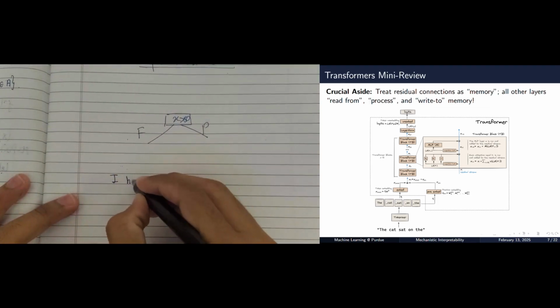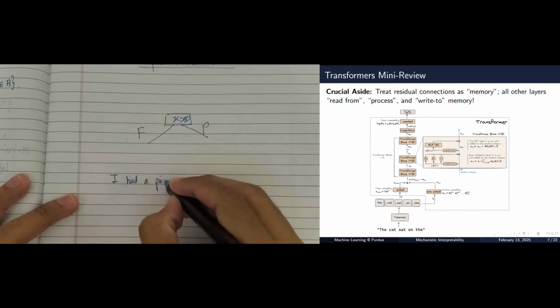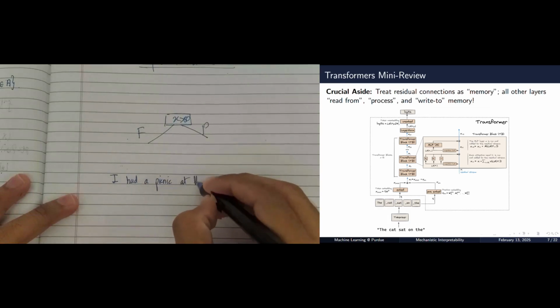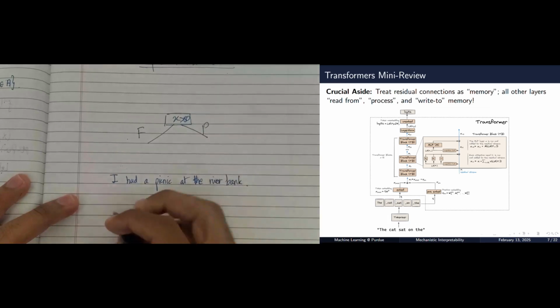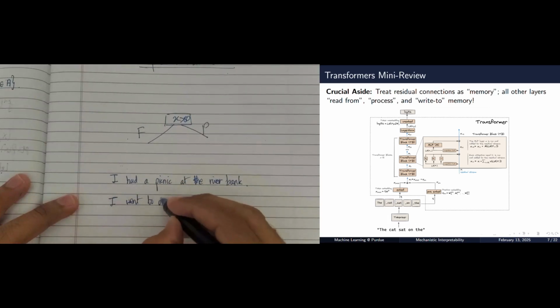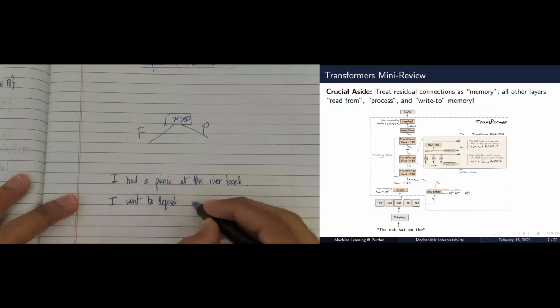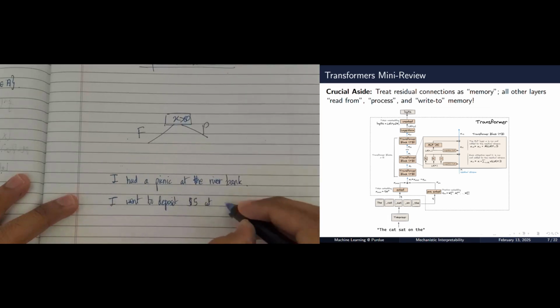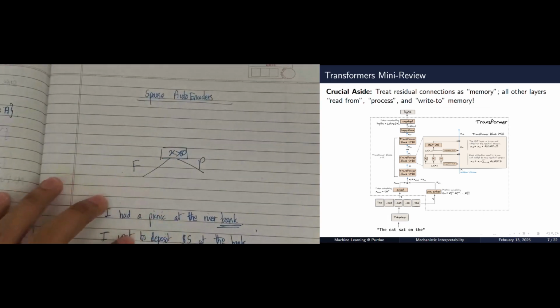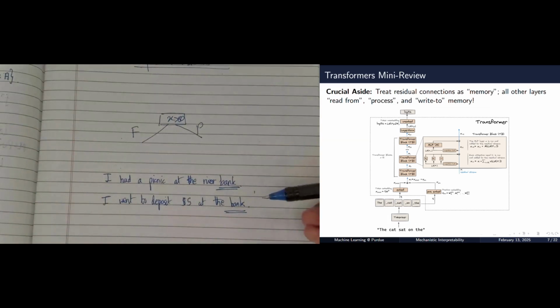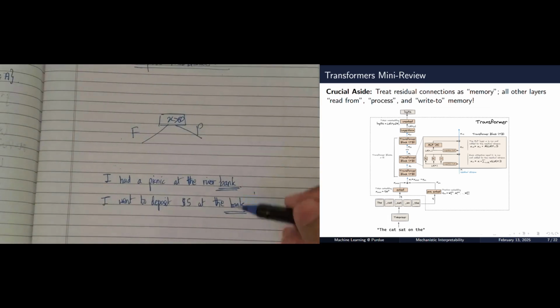I had a picnic at the river bank, and I went to deposit $5 at the bank. Okay, now in both of these sentences, the word bank means two very different things, right? And the high level is that the process of attention allows us to differentiate between these two meanings.